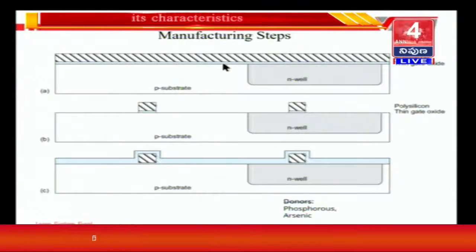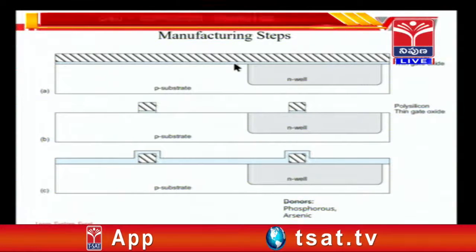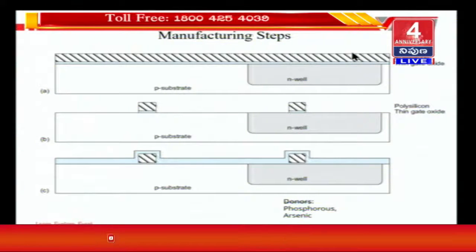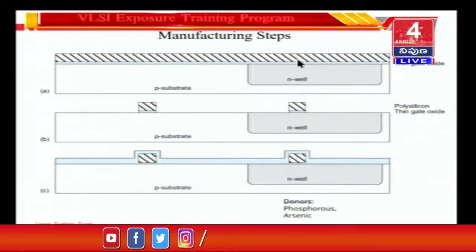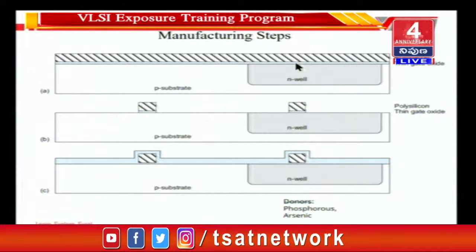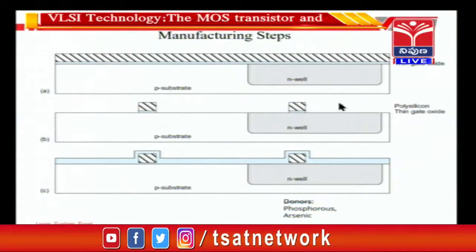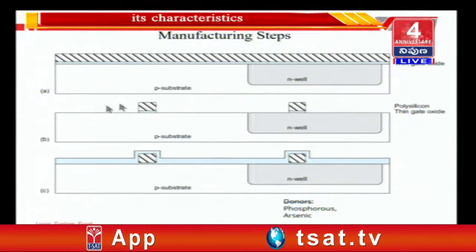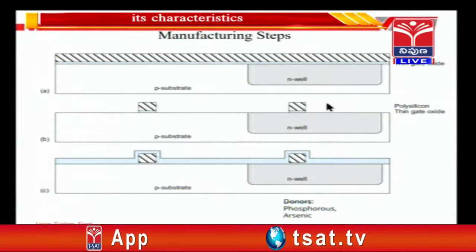That thin light blue line that you see there is the thin gate oxide. On top of that, polycrystalline silicon is there. Underneath the polycrystalline silicon is the gate oxide, and the whole thing is then masked, exposed to a mask, and once again it is washed out using chemicals.